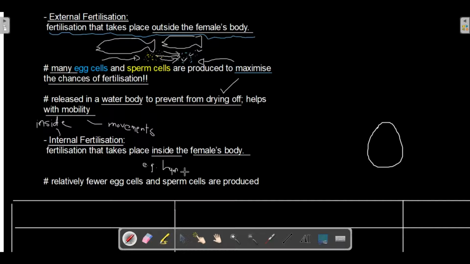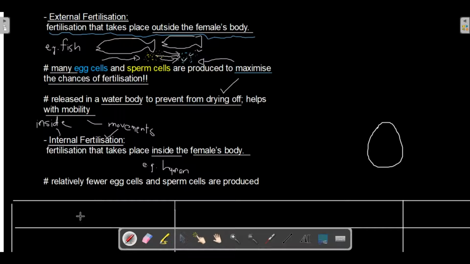Fertilization in humans occurs inside a female body, and that is what we call internal fertilization. So external fertilization, you should think fish. Internal fertilization, you should think human. So it's pretty easy to differentiate between those two.